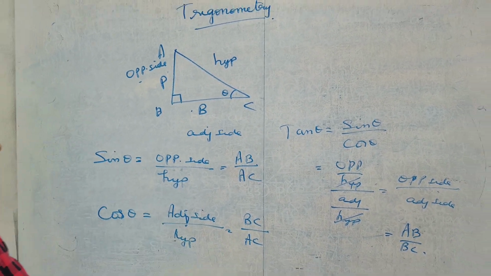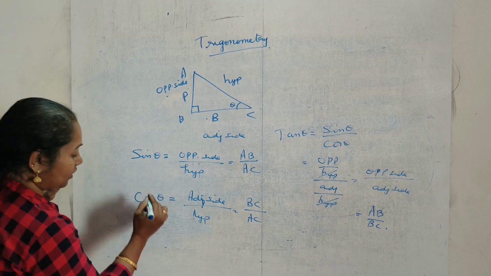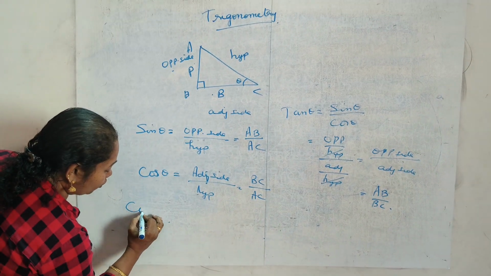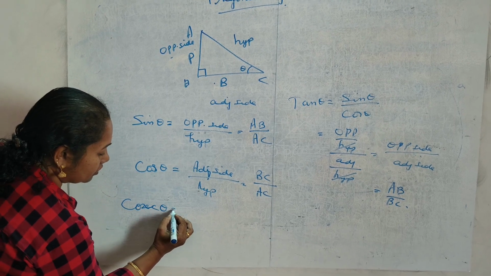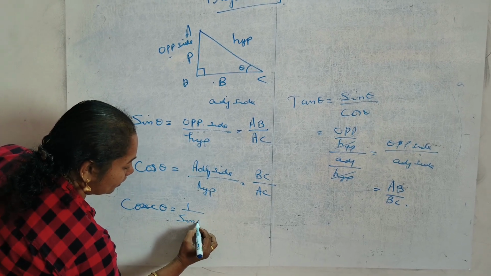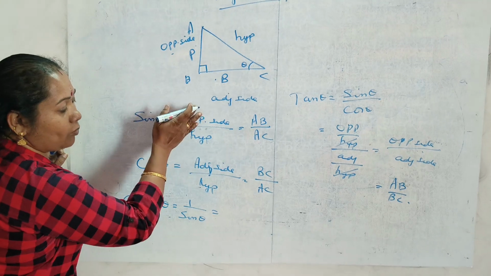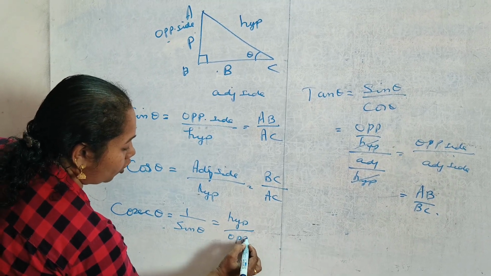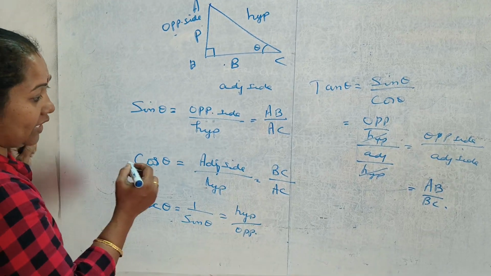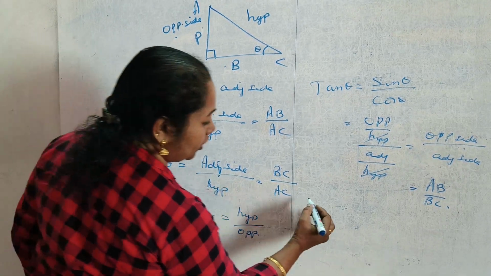You understood? Now one more thing. Total 6 types are there. Cosec theta is equal to 1 by sin theta, the reciprocal of sin theta. That is hypotenuse upon opposite side. And what is sec theta?